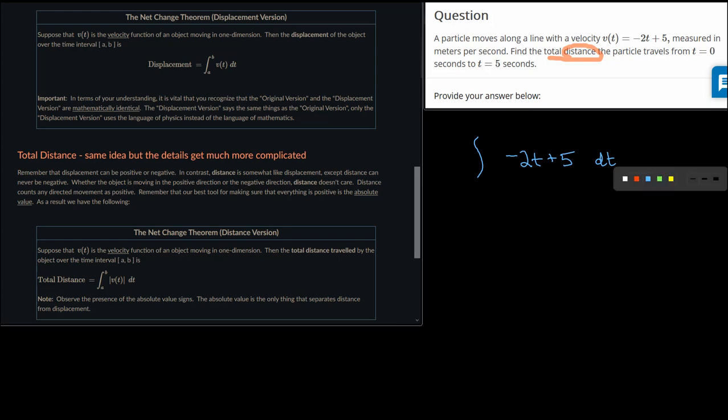But wait, not so fast. Since this question is about distance, I need the absolute value signs around the velocity function. And then my integral is going from 0 to 5. So great, that's the setup.